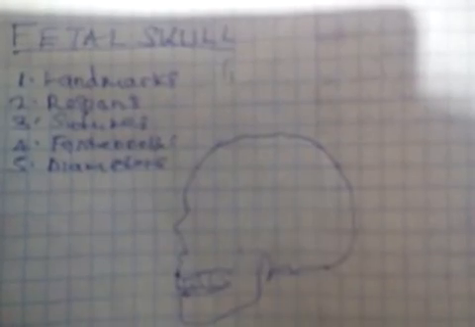Four, you need to know about fontanelles. Five, you need to know about the diameters of the fetal skull. These are the 5 things that you need to know in the fetal skull, and we are going to define each one by one.